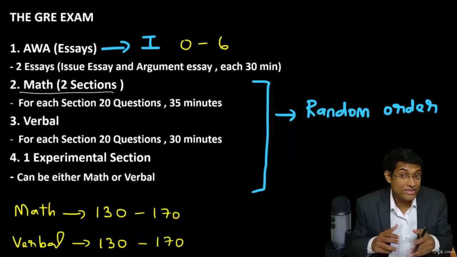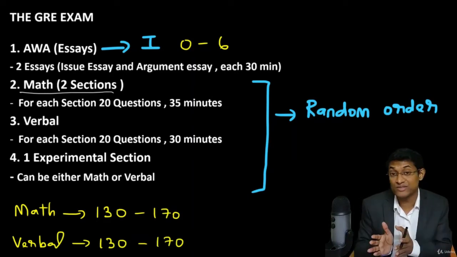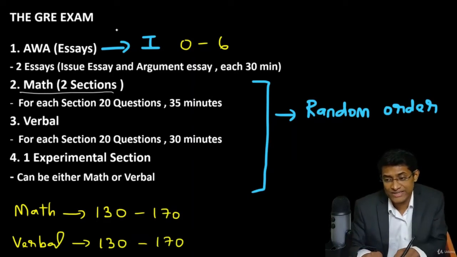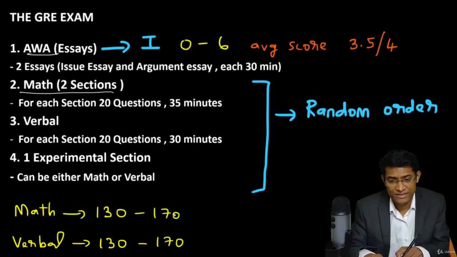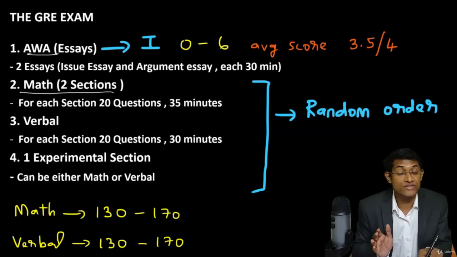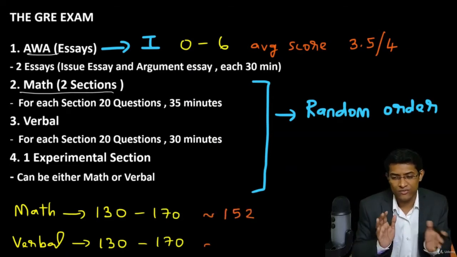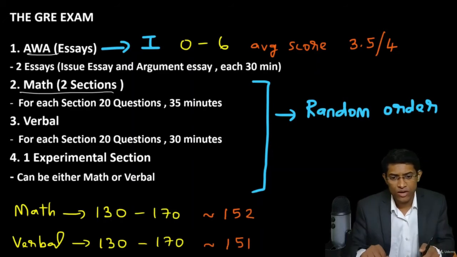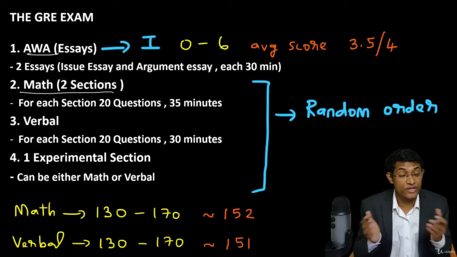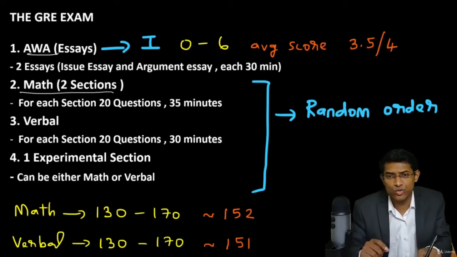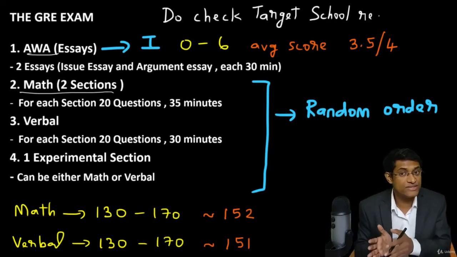Alright, now what is the average score that people get in these various sections? For the AWA section, the average score is 3.5 to 4. And when it comes to math and verbal, the average scores are 152 and 151 approximately. Alright, now do remember to check out any kind of requirement that your target schools have with respect to these sections.